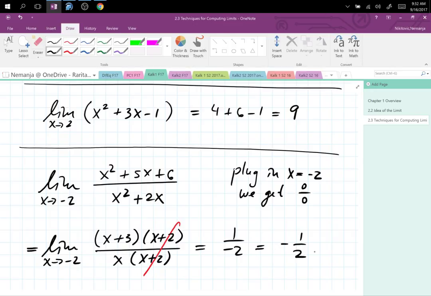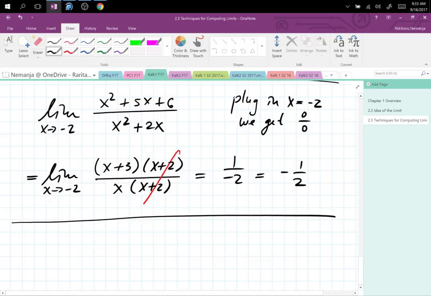So when you get 0 over 0, or infinity over infinity, you cannot answer does not exist, because clearly that would be the wrong answer. In some problems, you will get lucky and that would be the right answer. But most of the time, it will not be correct. So your job is to carefully factor and cancel and then plug in and see what happens.